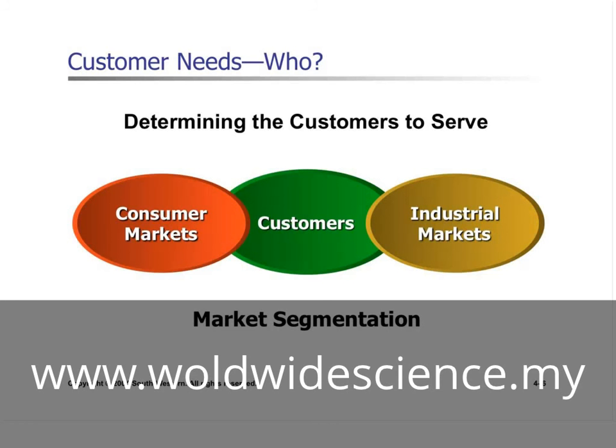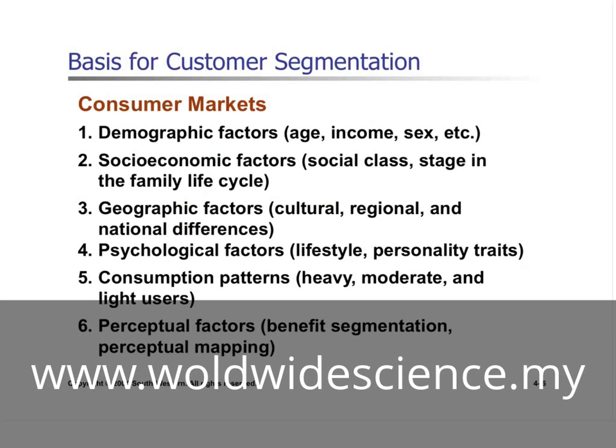Basis for customer segmentation. So when you are going to segment your customers, when you are going to say, okay, this segment of the market I'm going to target, you've got to have some idea what exactly we mean by consumer markets. First, we have demographic factors. So demographic type, there are several companies out there that do research on demographics.